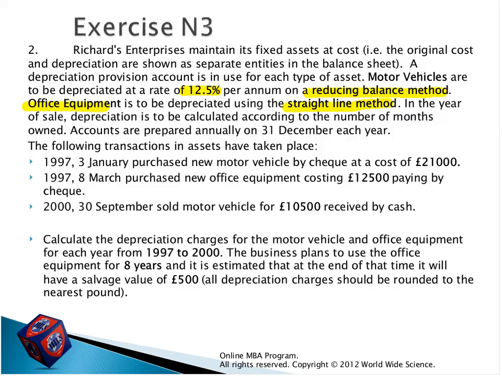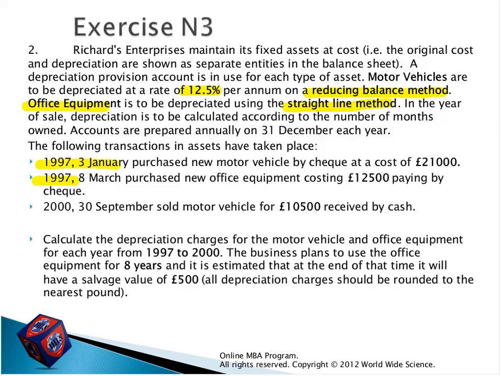Another important piece of information: the following transactions in assets have taken place. On the 3rd of January 1997, the company purchased a new motor vehicle by check at a cost of £21,000. On the 8th of March 1997, the company purchased new office equipment costing $12,500, paid by check.